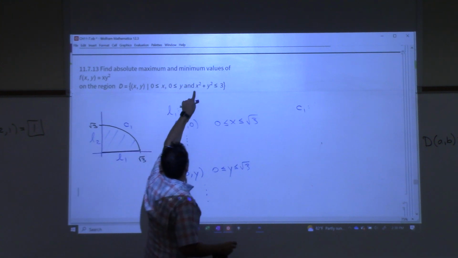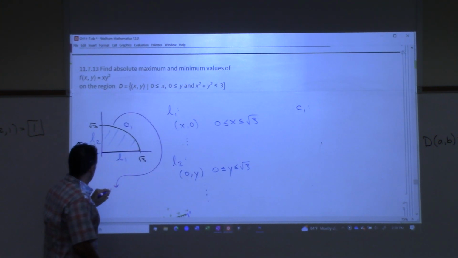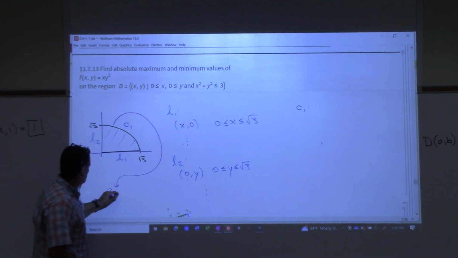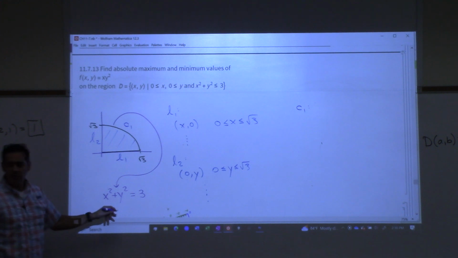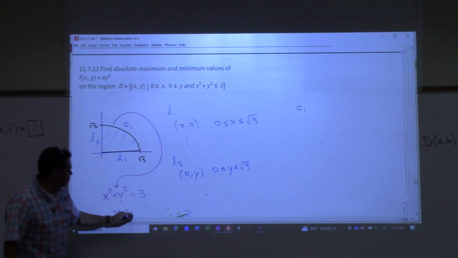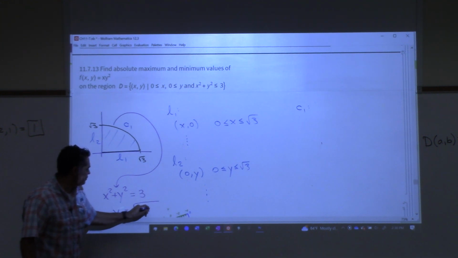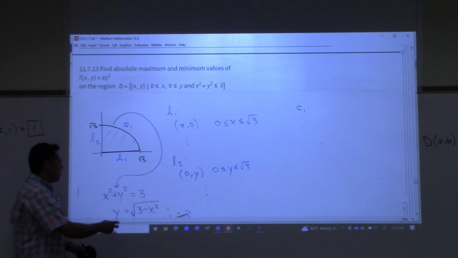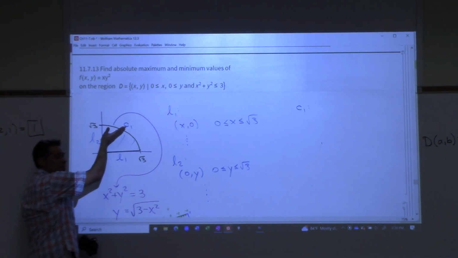So I know that if I just look at that boundary, it's the equation x squared plus y squared equals 3, right? And I can solve this for y. I move the x squared over and then take the square root. I'm supposed to do plus or minus, but I'm only doing the positive because I'm above the x-axis.